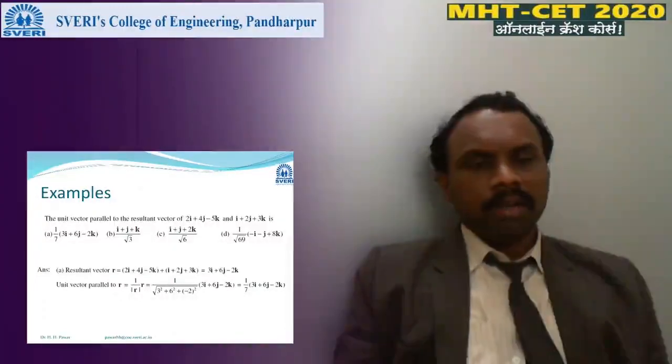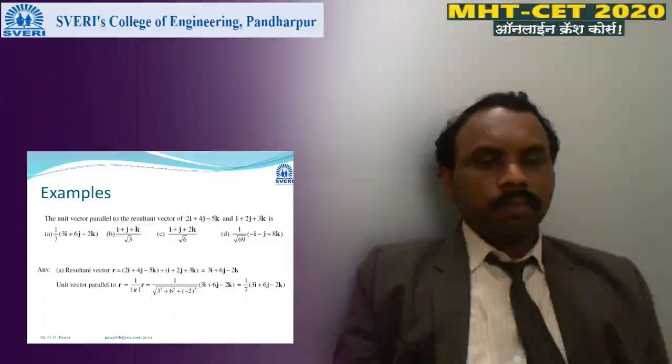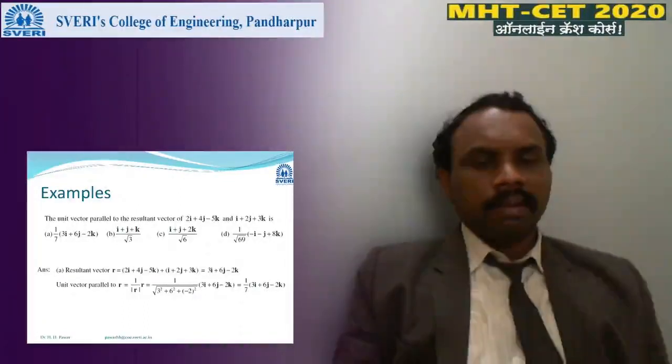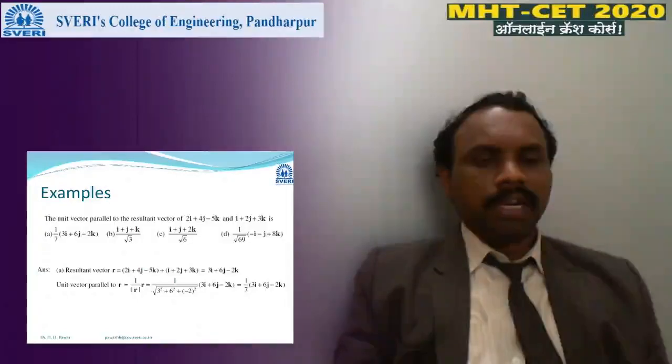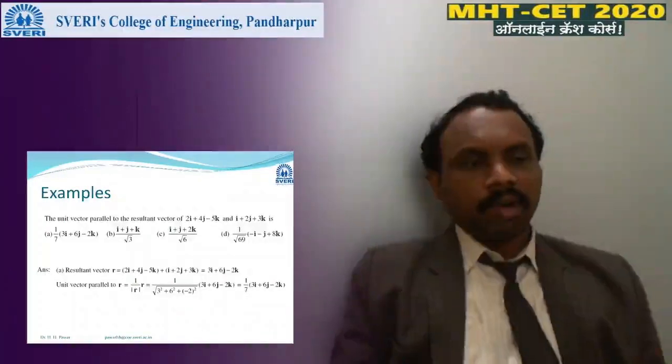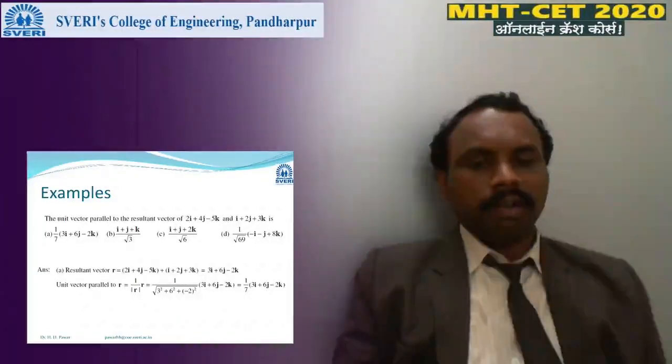Then find the modulus of R, which is equal to square root of 3 square plus 6 square plus minus 2 square, that is square root of 9 plus 36 plus 4, which gives us square root of 49, that is, modulus of R is equal to 7.